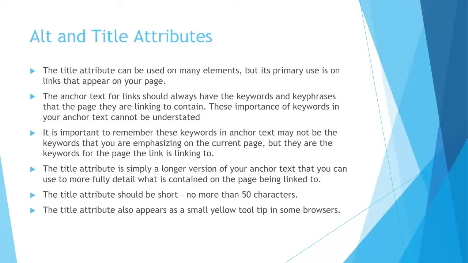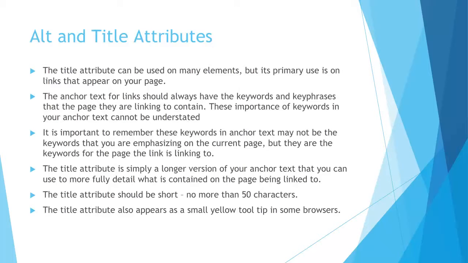Now, the title attribute is sort of an expanded version of your anchor text. And the reason why the title attribute is important is oftentimes the anchor text that's used for your links is going to be very short.